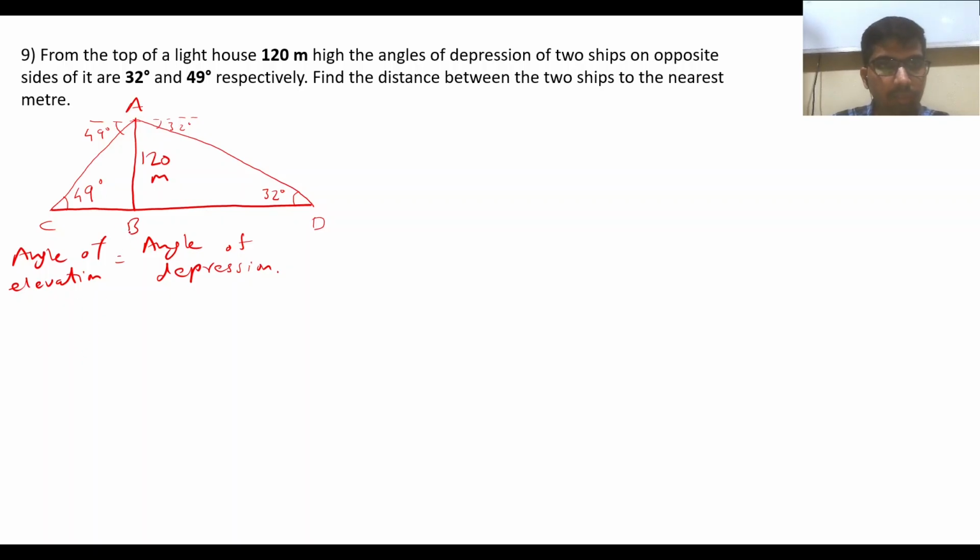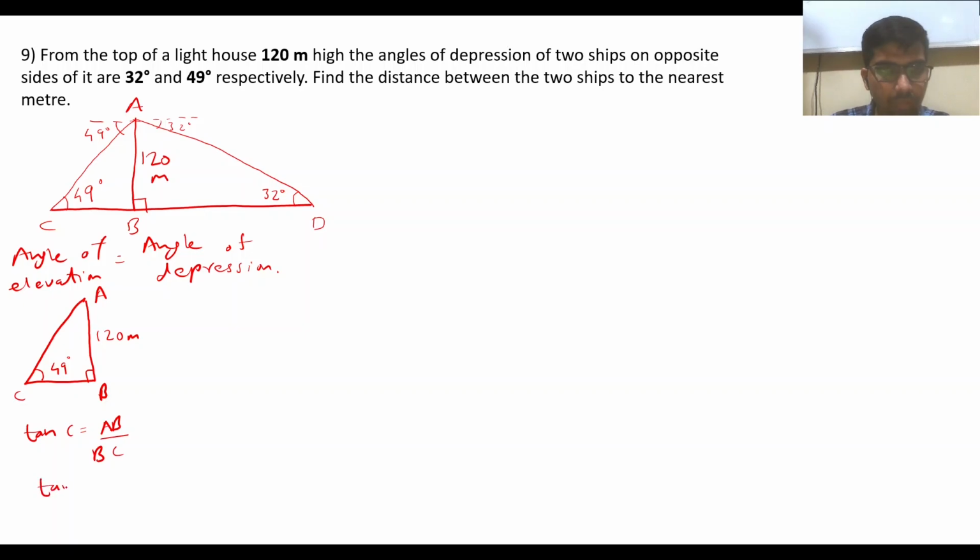Again split the diagram. This is 90 degrees. So in triangle ABC, A, B and C over here, 120 meters is the height, and over here is 49 degrees. You have to apply the tan table. So tan C is opposite side upon adjacent side.